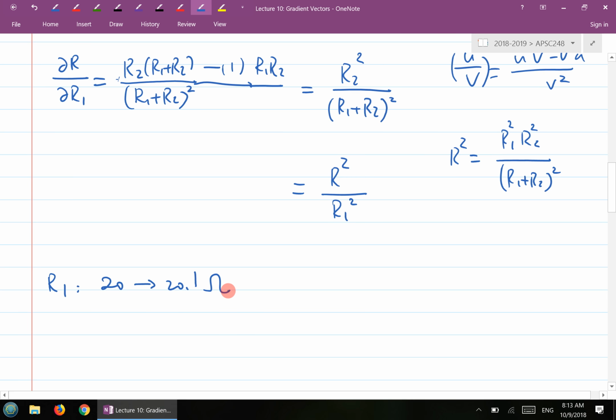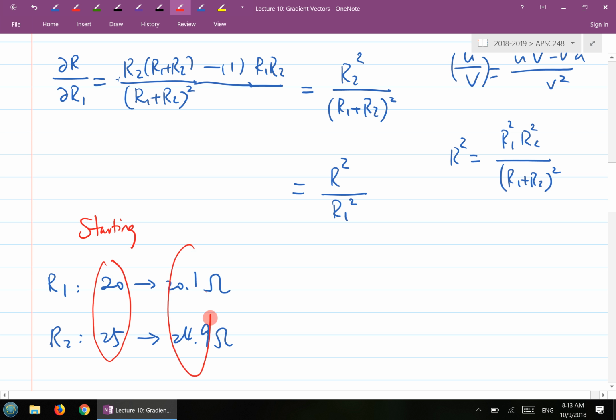So starting with 20 ohms and ending with 20.1 ohms, and R2 starting from 25 ohms and ending up with 24.9 ohms. So always remember, here is your starting point and here is the end value.